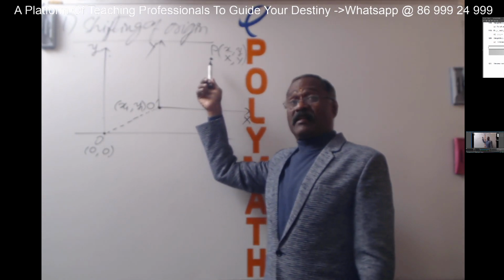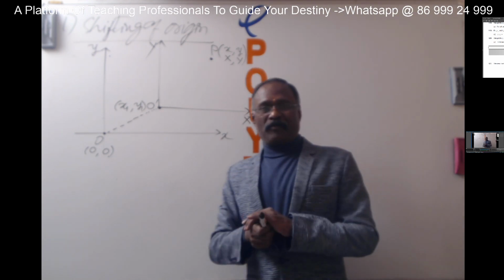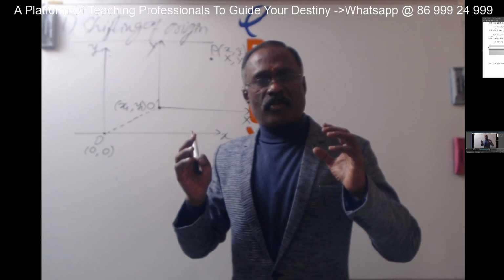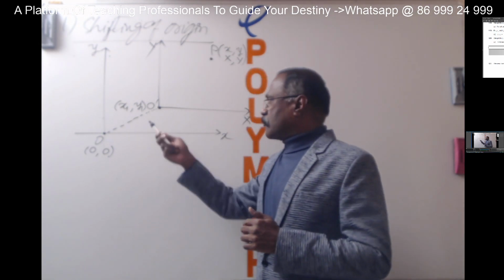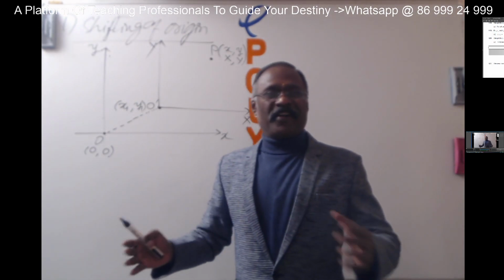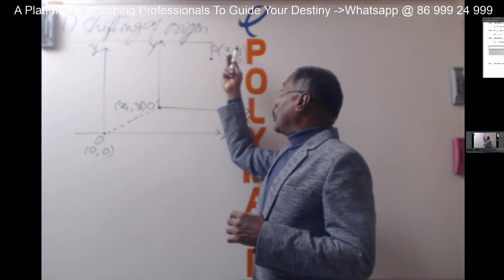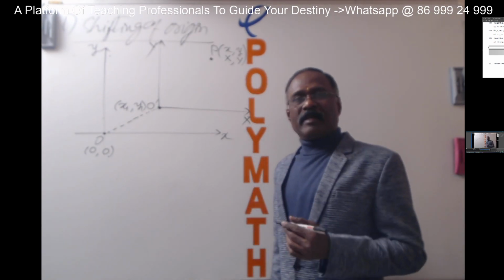We are taking the point which is there after shifting as capital X, capital Y. That means small x, small y is the original point, capital X, capital Y is the new point, and x1, y1 is the new origin. Now we want the relation between small x, small y, capital X, capital Y and x1, y1. Okay, we are doing that now.